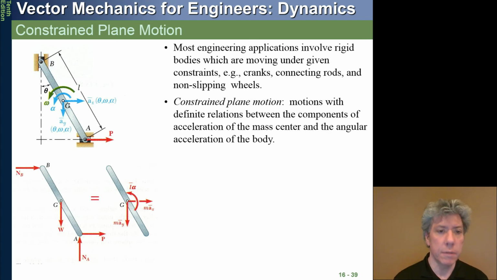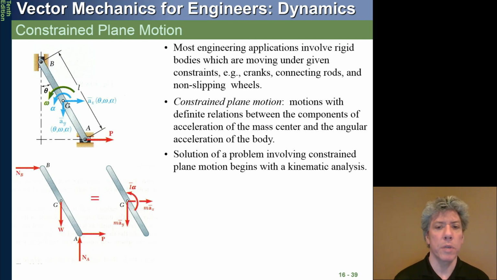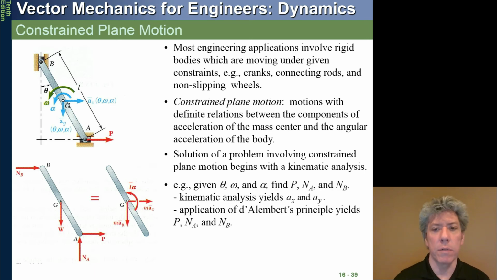But what if the two blocks had mass? Well, then they would have to be accelerated as well, right? And so that would be a constrained motion where it's constrained to other bodies. So we have to start off with a kinematic analysis and solve for the forces and the accelerations and so on.